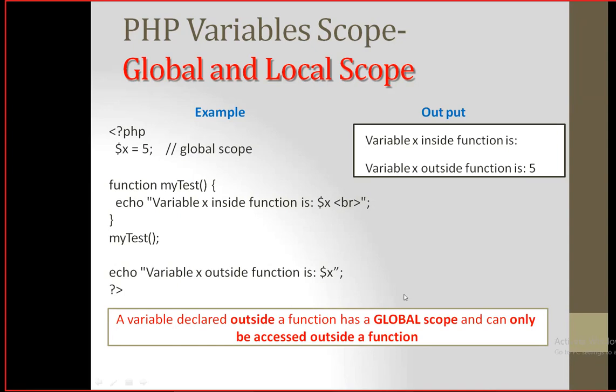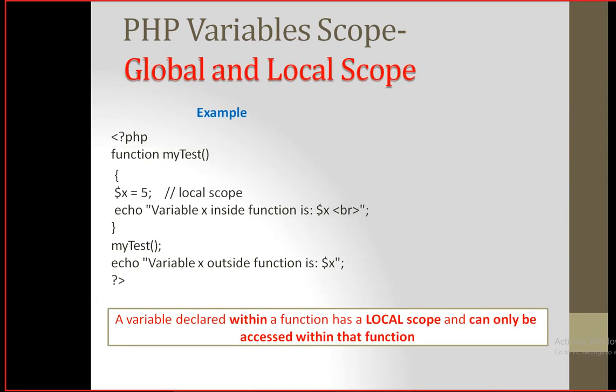So in simple words, any variable which is declared outside a function will always have a global scope, and it can only be accessed outside that function, right? To put it in simple language.